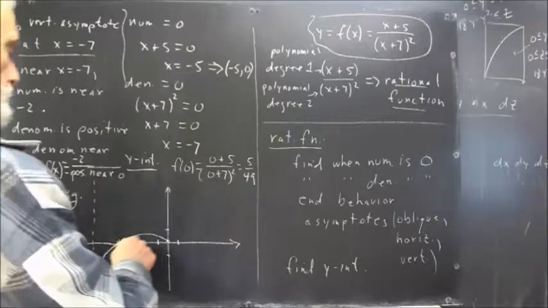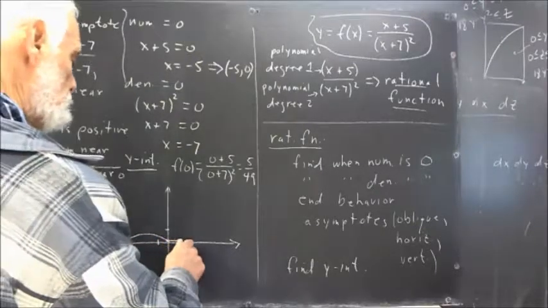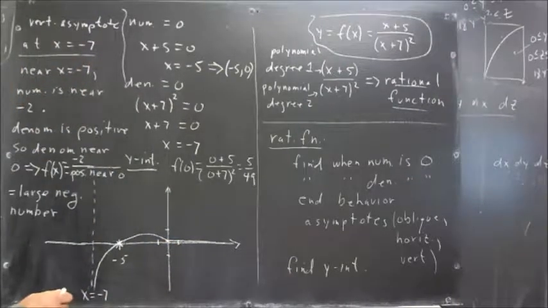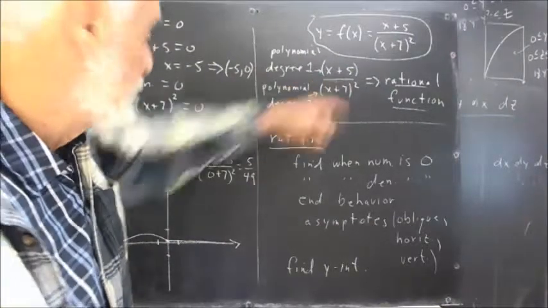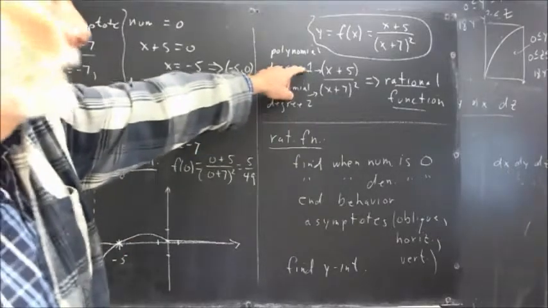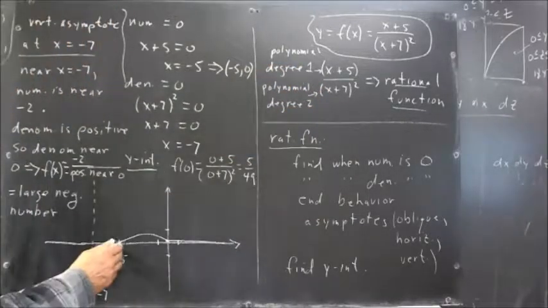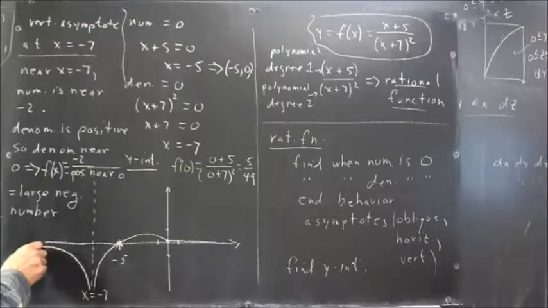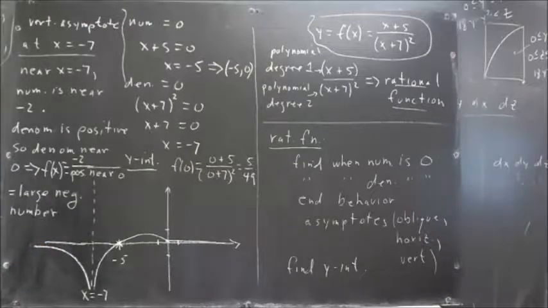So to the left of x equals -5, the numerator is going to be negative. The denominator is positive. So any place over here, the function has to be negative, but the result has to approach 0 as x gets large. So we have a graph that kind of looks like this.